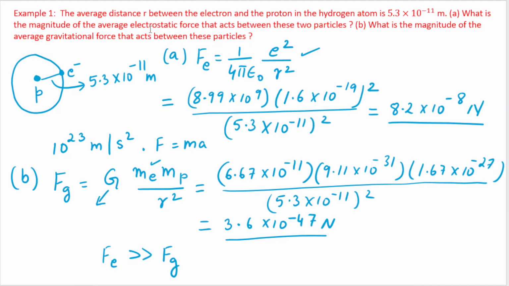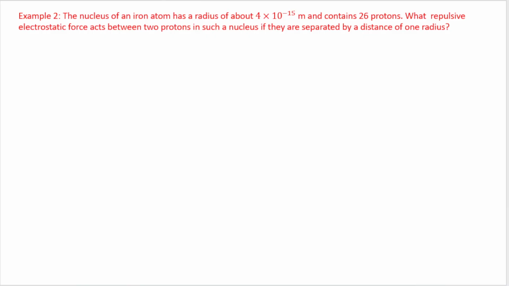Let's go on to example number 2. Let me read out the statement of the problem. The nucleus of an iron atom has a radius of about 4 times 10 to the power minus 15 meters.